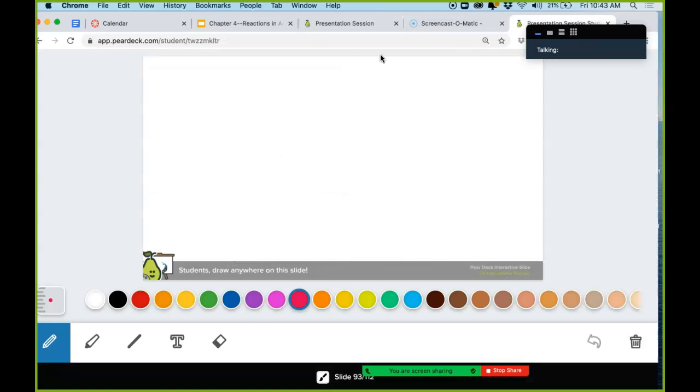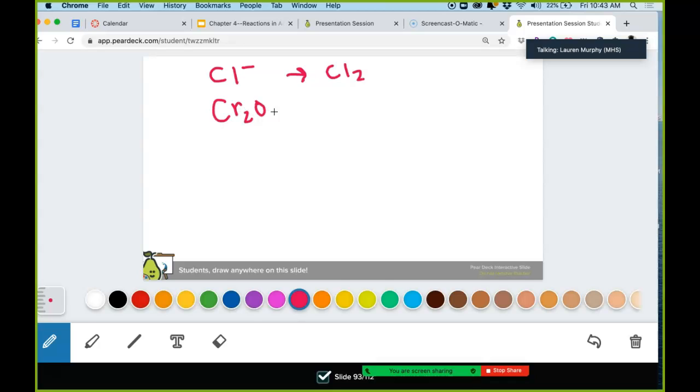The chloride going to chlorine and the dichromate going to chromium ion. So these are my half reactions.